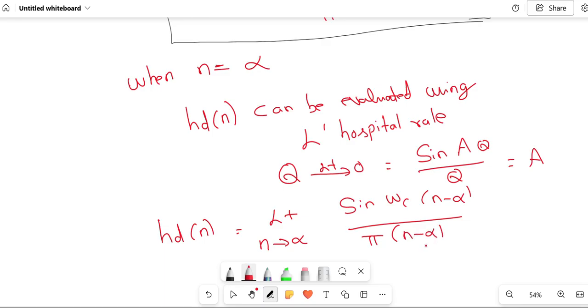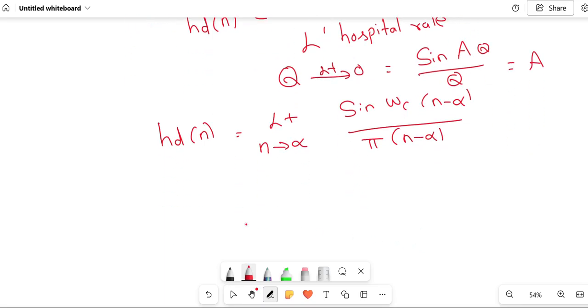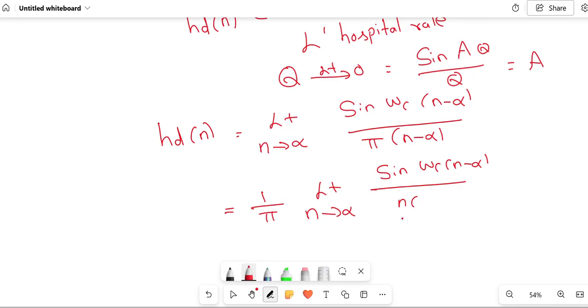So, you incorporate this rule and separate the terms, 1 by pi, limit n tends to alpha, of the numerator term sin omega c of n minus alpha by n minus alpha. This is the L'Hospital's rule I told.